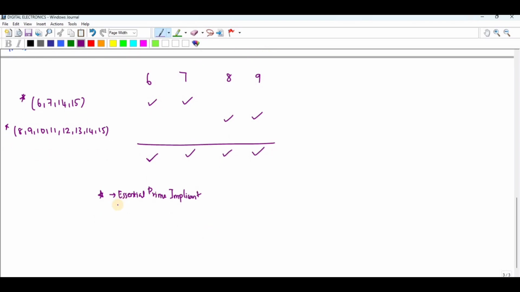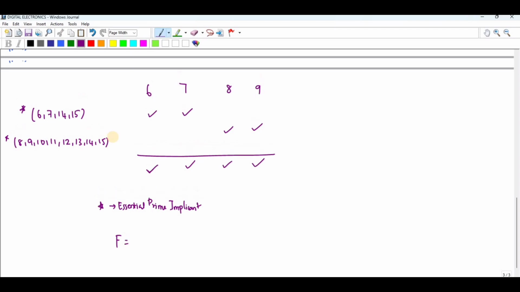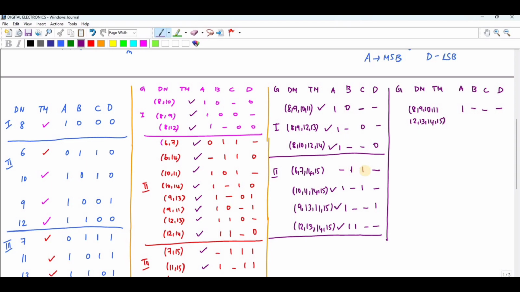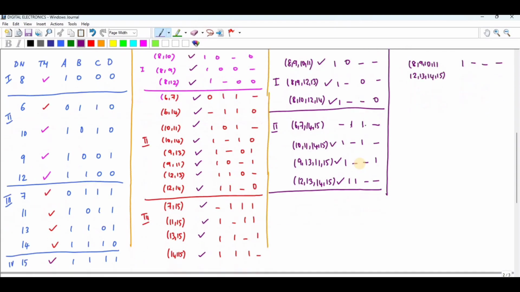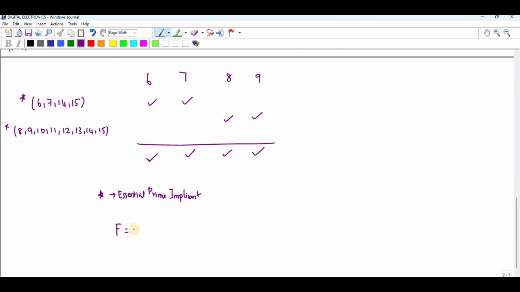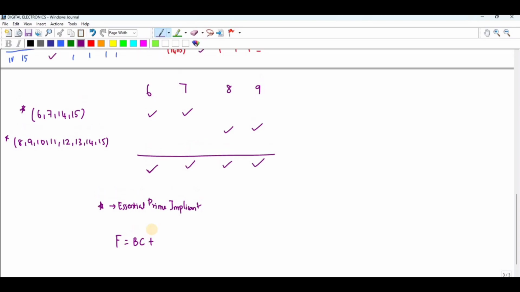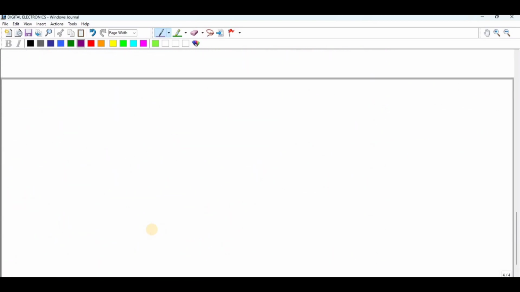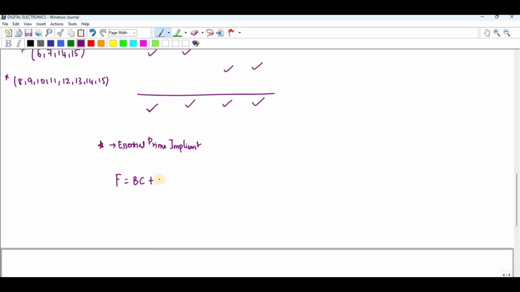I can write F is equal to, 6, 7, 14, 15 is BC. For BC you are having 1, 1, so the value is BC. And for 8, 9, 10, 11, 12, 13, 14, 15 it is A. So this is your answer, BC plus A.